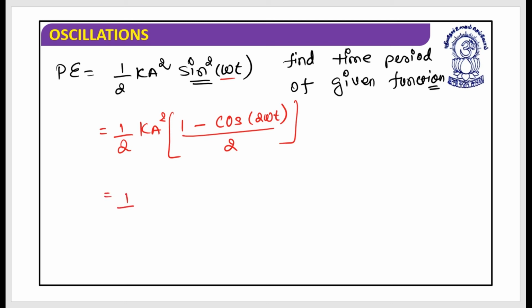If I replace this, it simply gives me half ka squared minus 1 by 2 into 2, that is 1 by 4 ka squared cos 2 omega t.